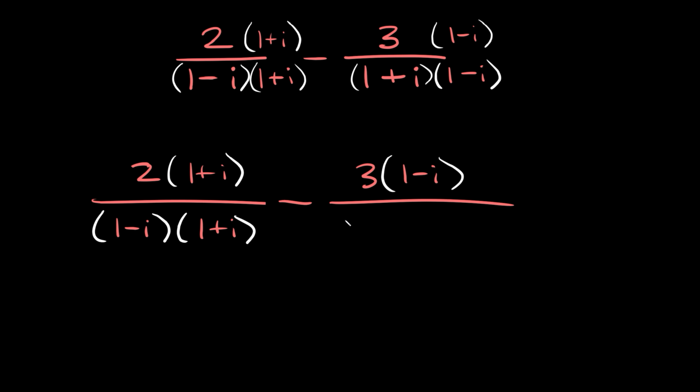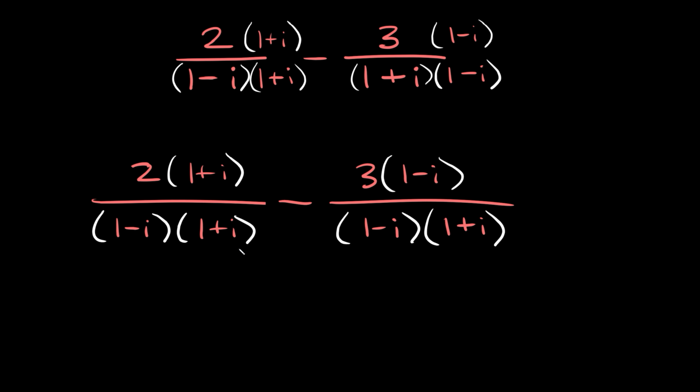On the bottom, you might notice we have the same two factors as on this side, just reversed. But with multiplication, order doesn't matter, so we could write 1 minus i first, and then 1 plus i second.